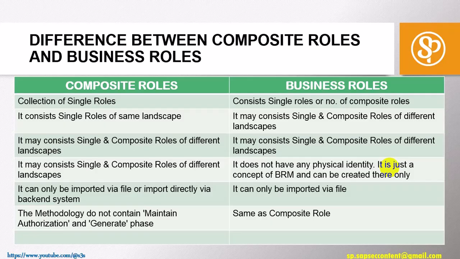Business roles are also a collection of either single roles or composite roles, either one. So, any questions? Probably it is complete theory, but concept-wise it is very simple. Don't worry about that.